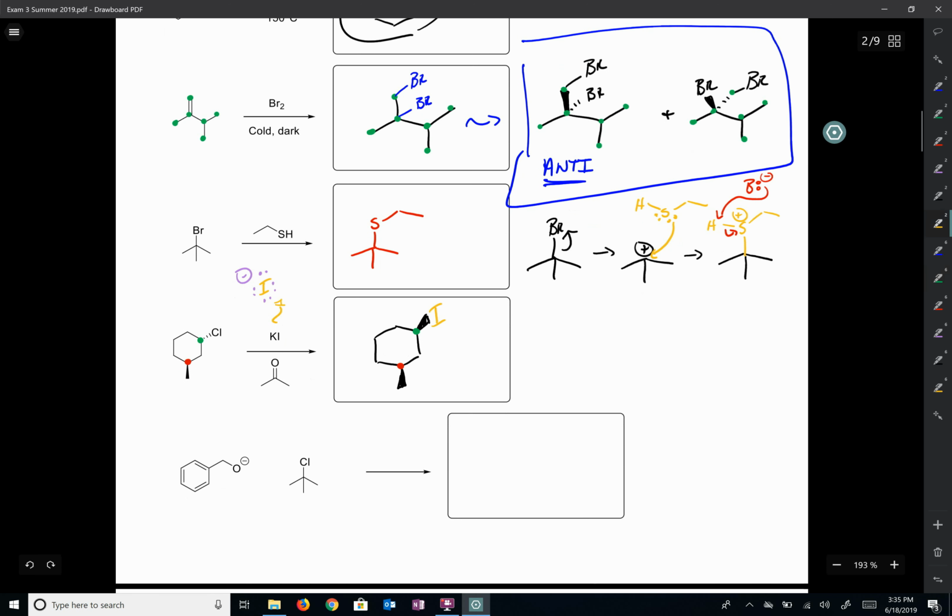All right, down here, find our leaving group, there it is. It's on a tertiary carbon, so we're not going to be doing an SN2 reaction. We got an O with a minus charge, that's a powerful base. So tertiary leaving group, powerful base. This is all set up to be an elimination reaction.